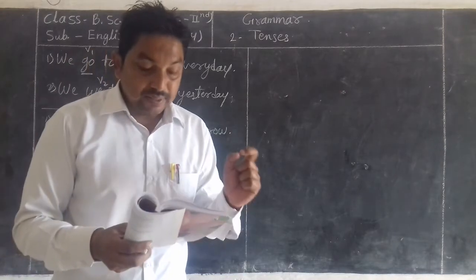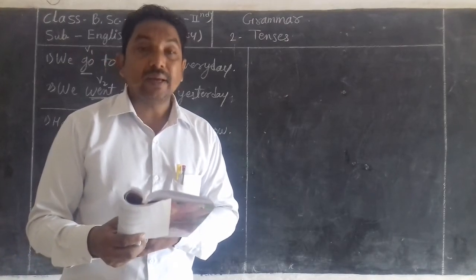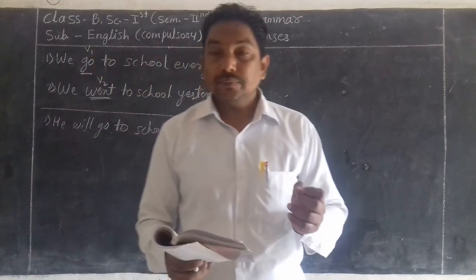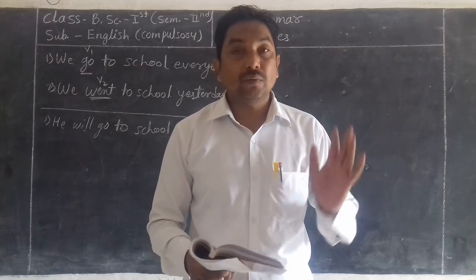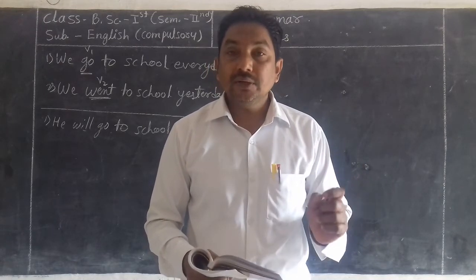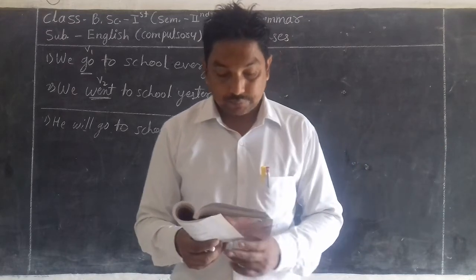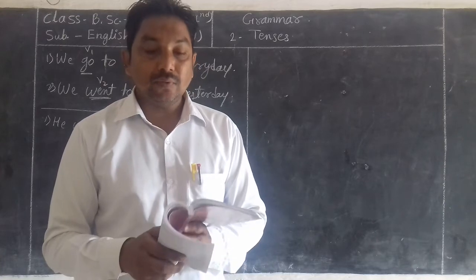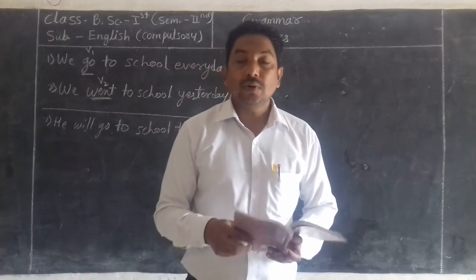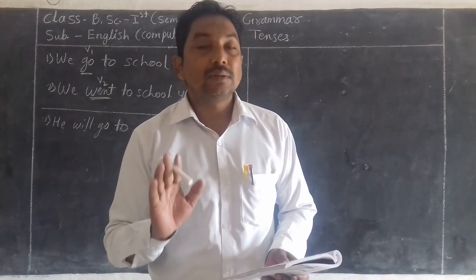Although there are several different ways of indicating future action in English. So in the English language there are many different ways through which we can indicate an action that will happen in the future. We do not make use of any special tense for this purpose. So for future action we do not have any specific tense.